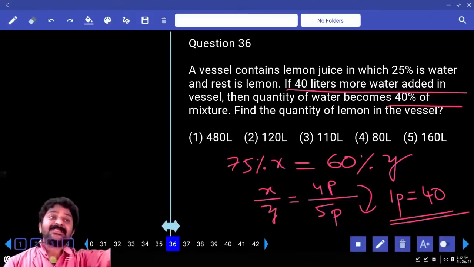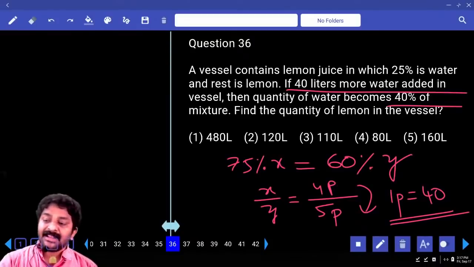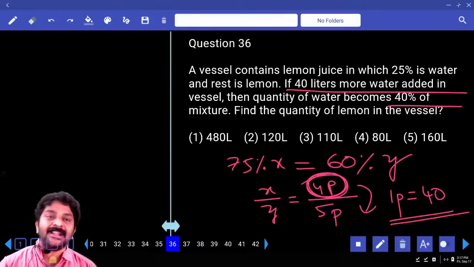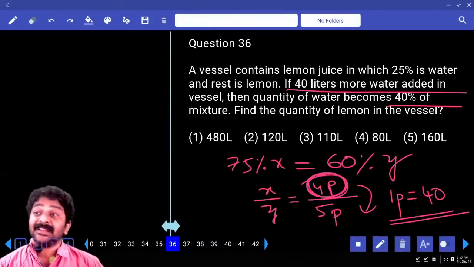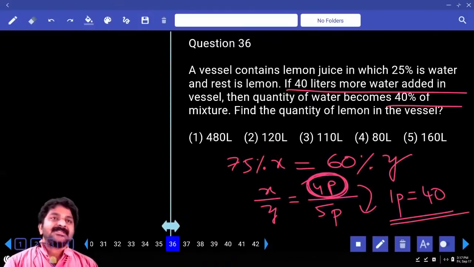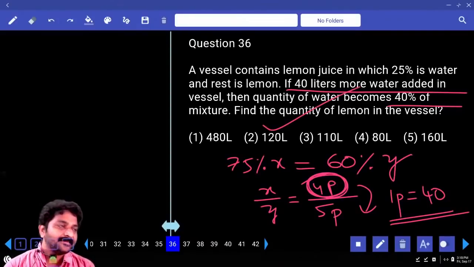Now in the initial container, what is the percentage of lemon that we have? 75% of the initial container only. 75% of 4 parts is 3 parts. If 1 part is equal to 40, 3 parts is equal to 120, second option final.